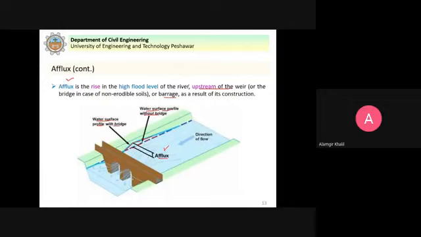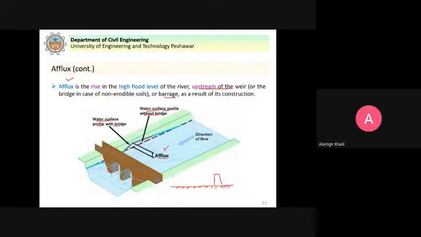You see that when we construct a weir, let's say this is a weir structure that is constructed on the river, or we have barrages.